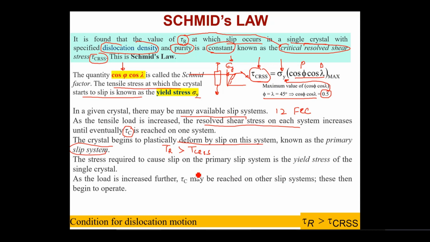The stress required to cause slip on the primary system is the yield stress of the single crystal. As the load is further increased, the critical resolved shear stress value may be reached on the other systems. So the condition for plastic deformation is that the resolved shear stress value should be greater than the critical resolved shear stress value. Is this point clear to you guys?